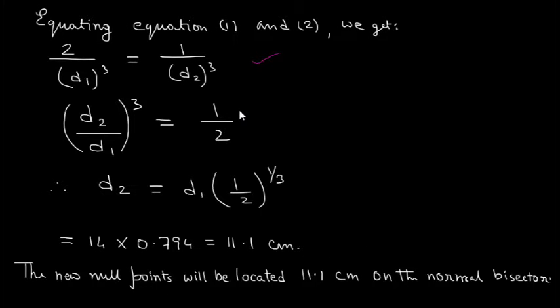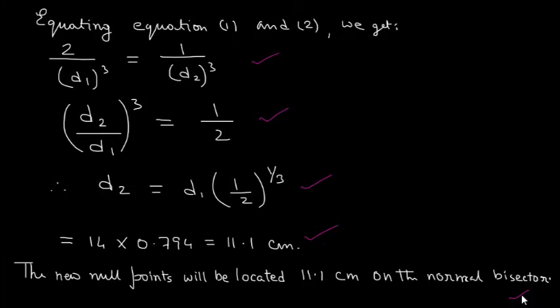Upon solving, we get d2 upon d1 whole cube is equal to half, d2 is equal to d1 multiplied by half to the power 1 by 3. Putting the value of d1 and solving it, we get 14 multiplied by 0.794 is equal to 11.1 centimeter. The new null point will be located at 11.1 centimeter on the normal bisector.